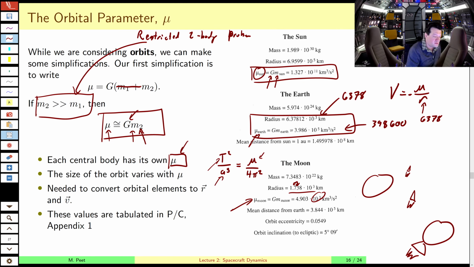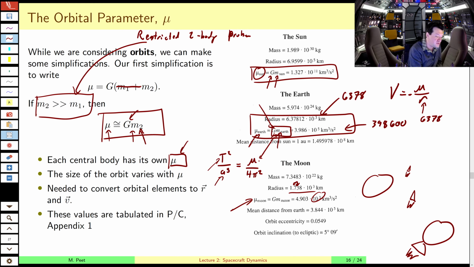However, going from mu to G and M is much harder. Measuring the mass of the Earth is very difficult. There are no scales where you can just weigh the Earth. It's very big. And of course, no one knew what the gravitational constant of the universe was. If you knew either of those things, you could figure out the other.